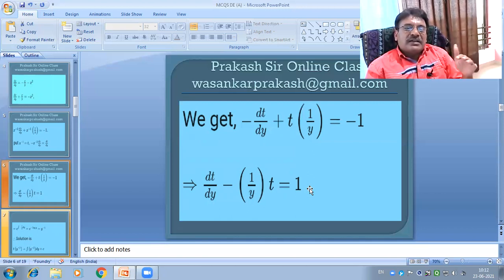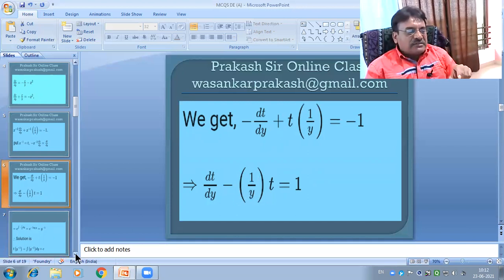This is of the type dt by dy plus p t is equal to q. So first we find the integrating factor, and IF is equal to e to the power integration of minus 1 by y.